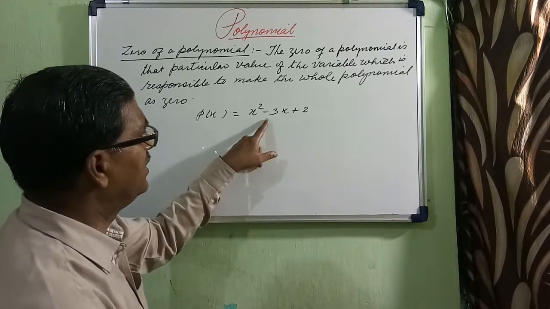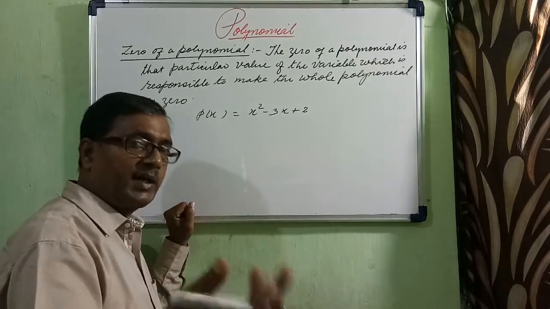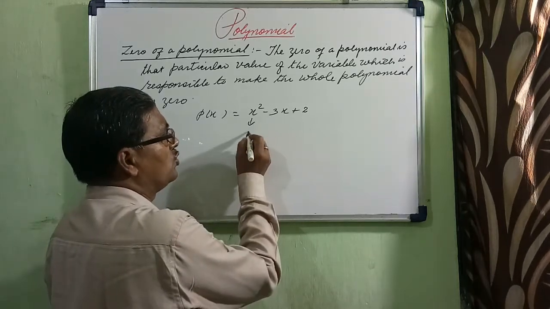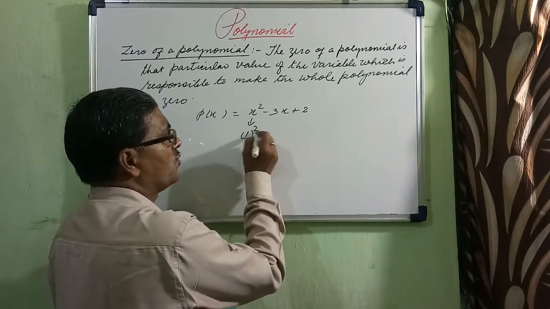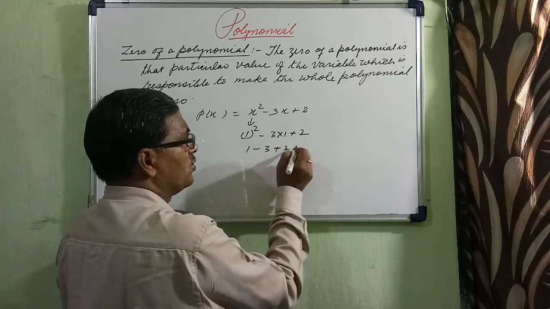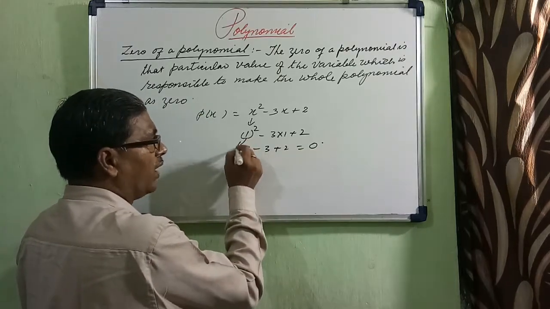What is the zero of this polynomial? Let us have a hit and trial method. If I put here x is equal to 1, then 1 square minus 3 into 1 plus 2. 1 minus 3 plus 2 is equal to how much? 0. So we can say 1 is one of the zeros.